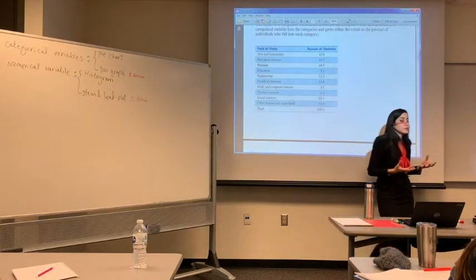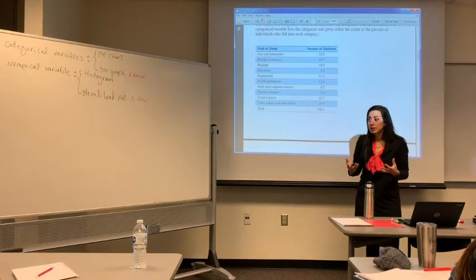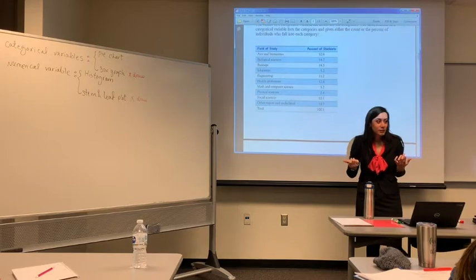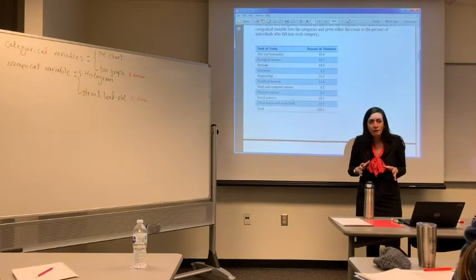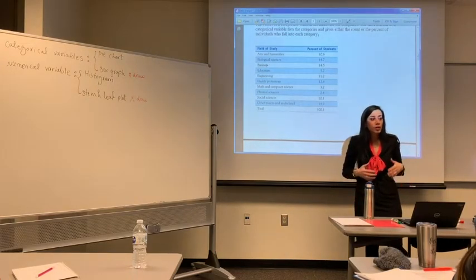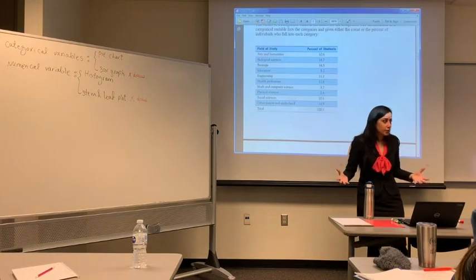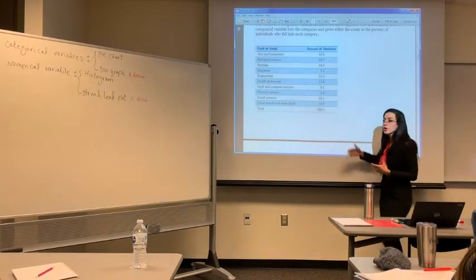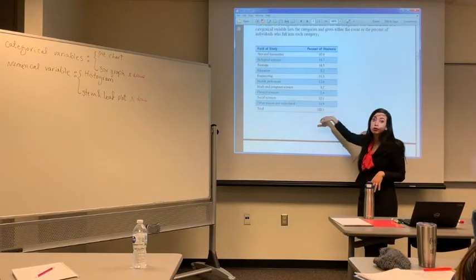If you are missing some student, if you don't have a specific category, it means you are missing a slice, correct? So it doesn't make sense to have a pie chart in that situation. So that's why we have to have all the data available, all the percentages, all the categories, to be able to draw a pie chart. Or in other words, all the percentages should add up to 100.